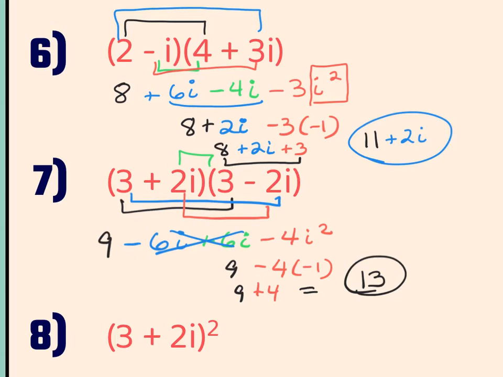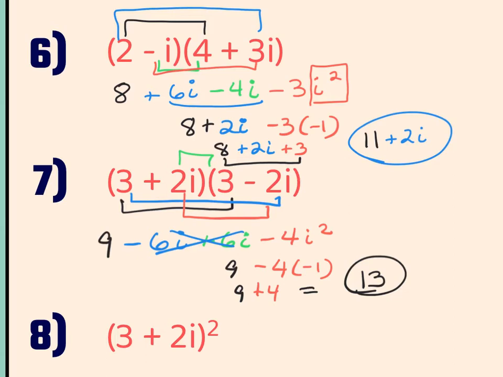Now this is a little preview of the next slide, because the next slide has what is called a complex conjugate. And what that means is when you have exactly the same numbers in your binomial, but one has an addition sign and one's a subtraction sign, these are considered to be complex conjugates. When we have to rationalize, we're going to multiply by the complex conjugate to make the i disappear.